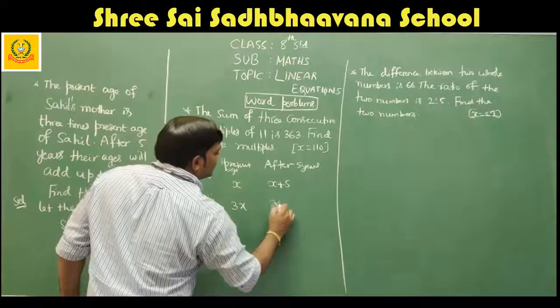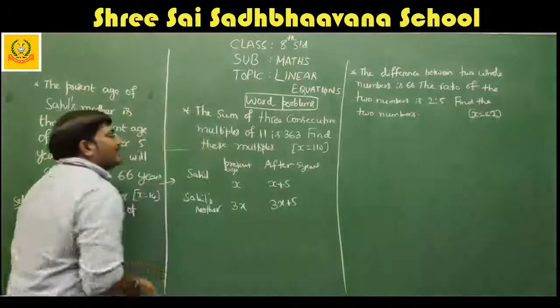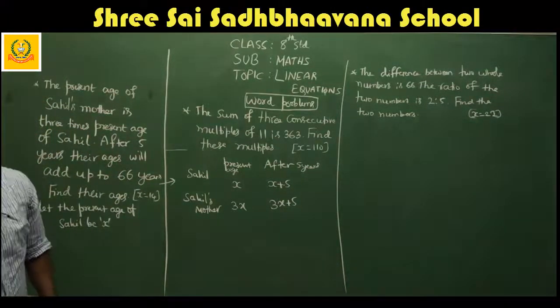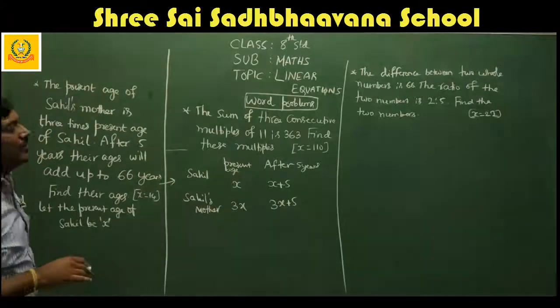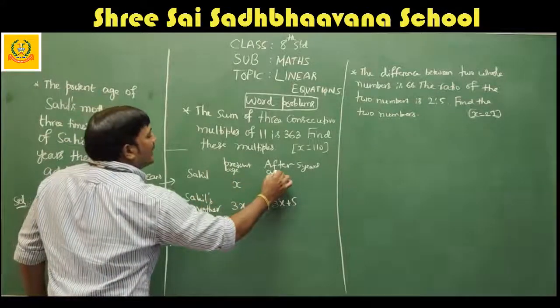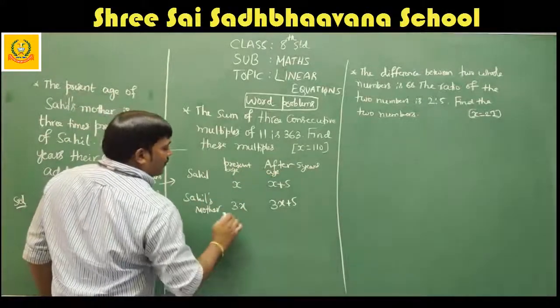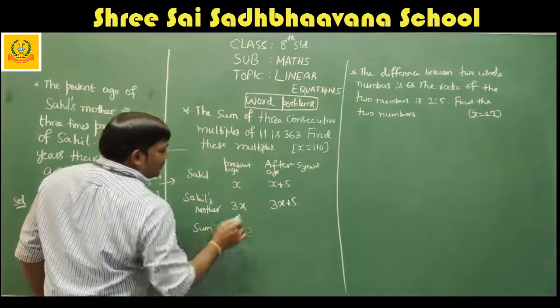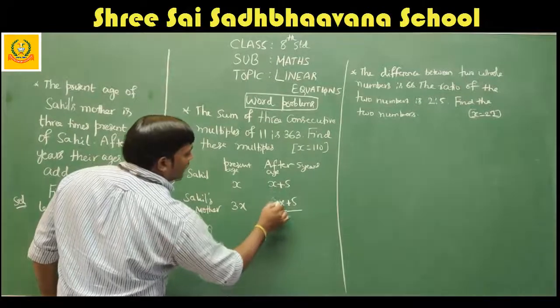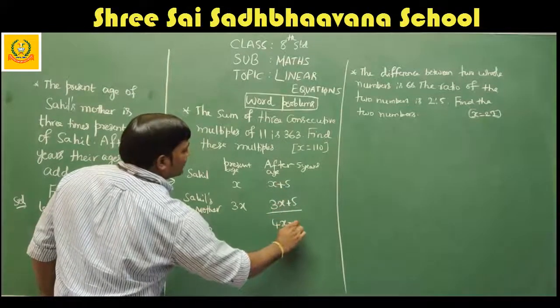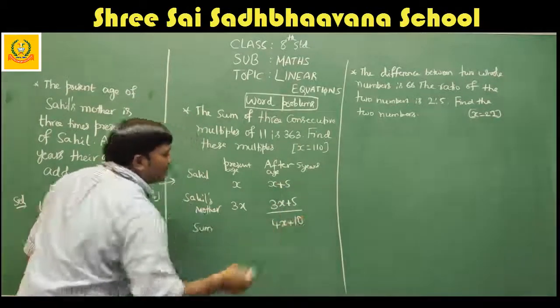And Sahil's mother's age will also be 3x plus 5. I hope you understood. If you write this tabular column, you can easily understand. So what will be the sum? Sum in the sense add these two. If you add 3x plus x, 4x, and 5 plus 5, 10.